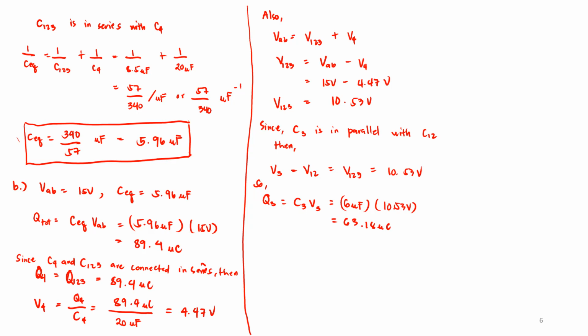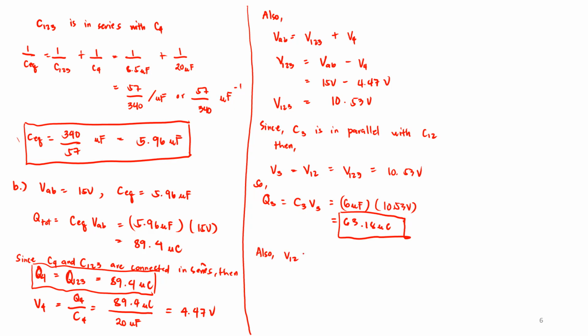Take note of the unit: microfarad multiplied by volts gives microcoulomb. So this is our Q3. So far we have obtained Q4, and we have obtained Q3, which is equal to 63.18 microcoulomb.